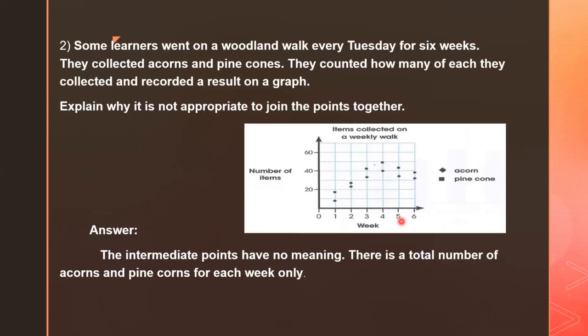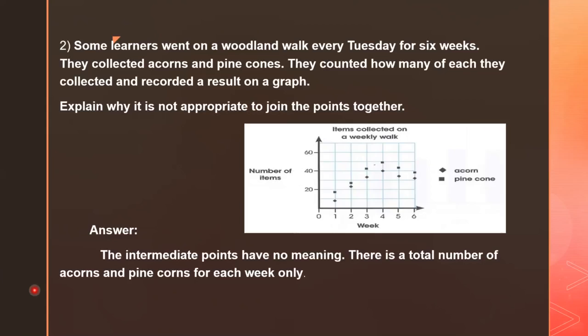So you can easily explain why: the intermediate points have no meaning. That's why it is not appropriate. Sometimes this kind of graph also appears, so you have to understand why it happens. It's very difficult to find the information represented in that particular data.